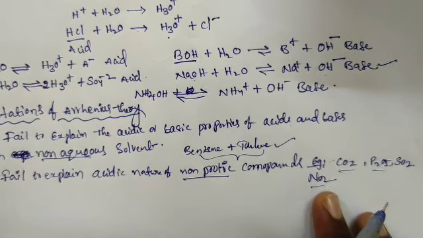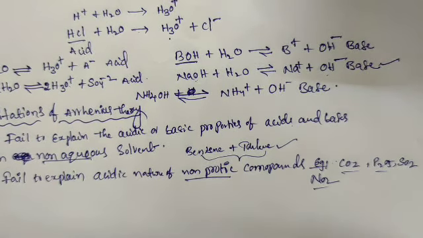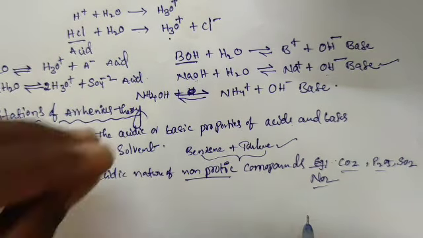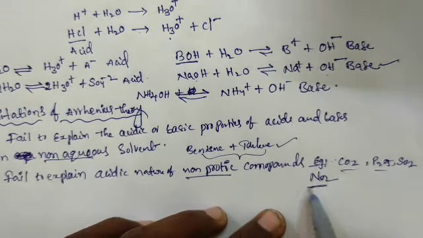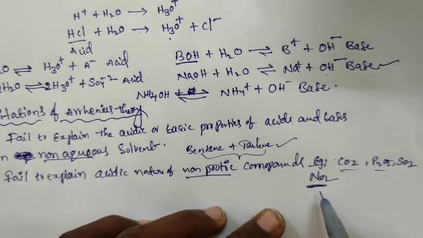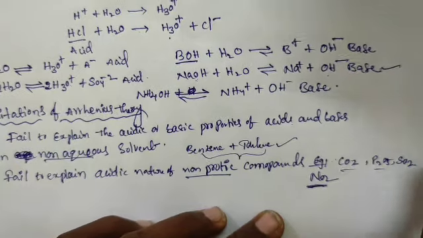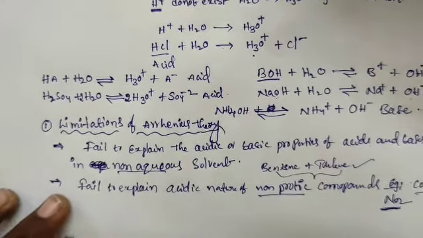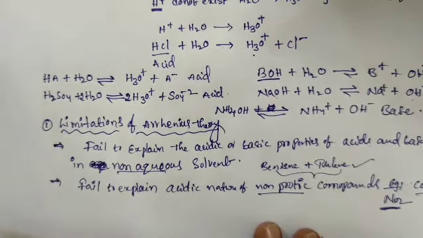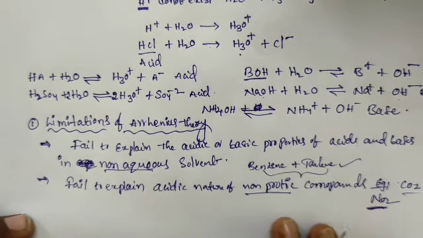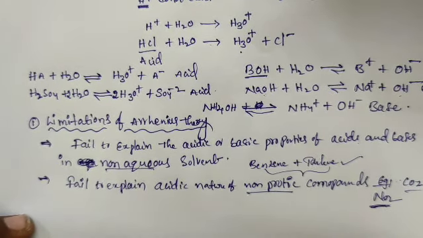He explained that what releases OH minus ion is base, what releases H plus ion is acid. But here, is OH minus or H plus there? No. So this theory failed to explain non-protic compounds and non-aqueous solvents.